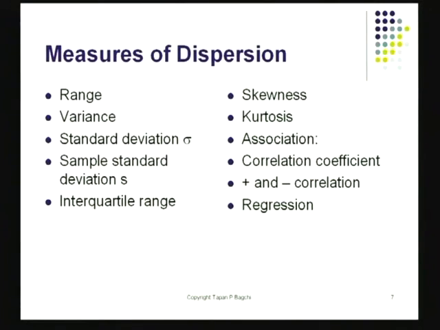The sample standard deviation is denoted by S, and that is an estimator for sigma, the population standard deviation. Then we've got a quantity called the interquartile range, which is the range between the third quartile and the first quartile. That space is also an indication of how widely the data is distributed. All of these are indications of dispersion.